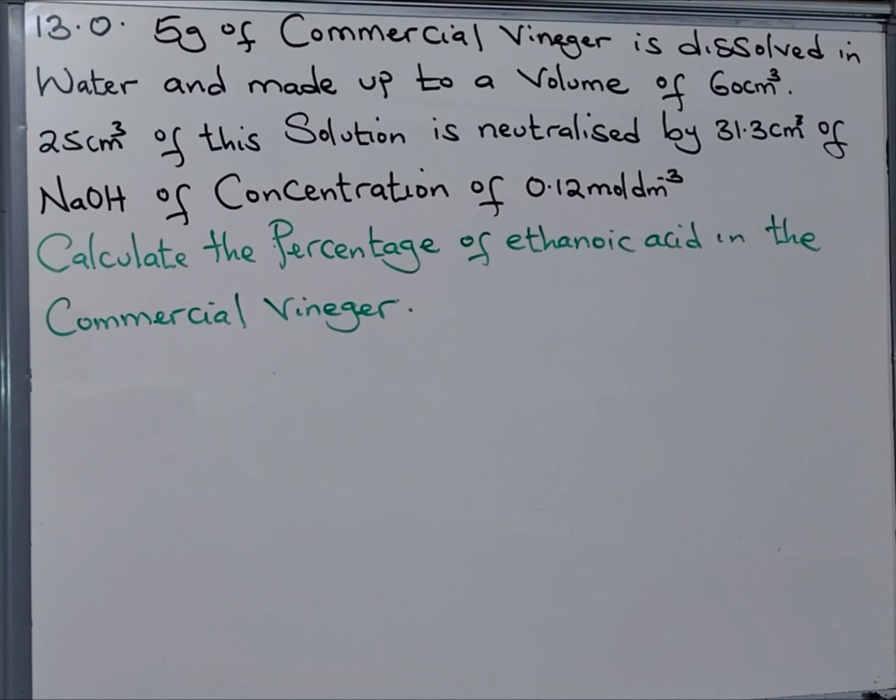You need to know that vinegar is a mixture of which ethanoic acid is just one of the components. So vinegar is not purely ethanoic acid. There are other components as well. So we don't know how much ethanoic acid is there actually. And what does that mean?